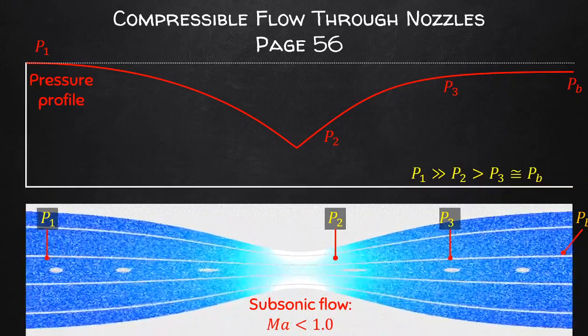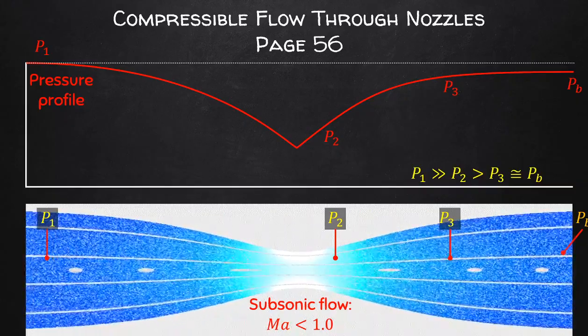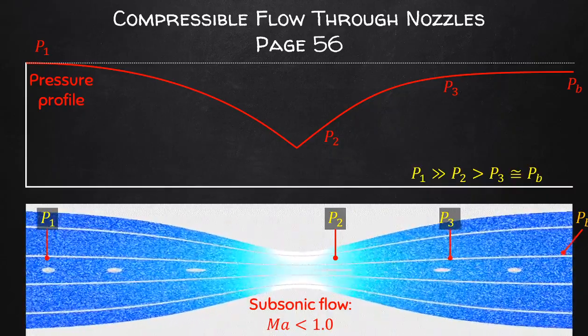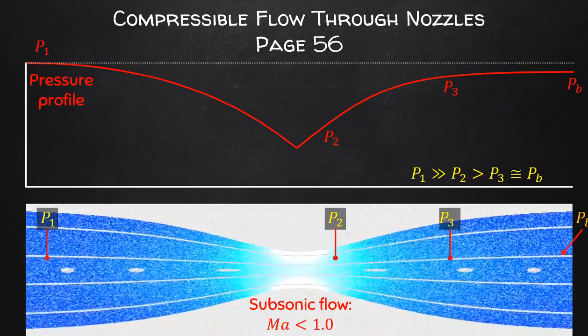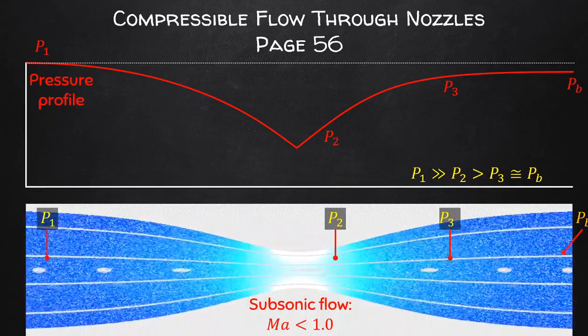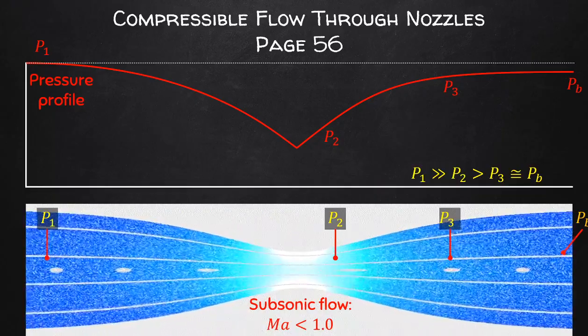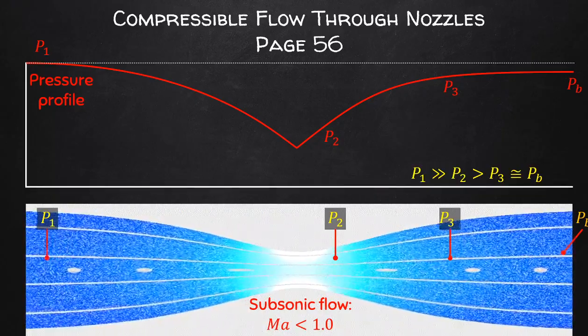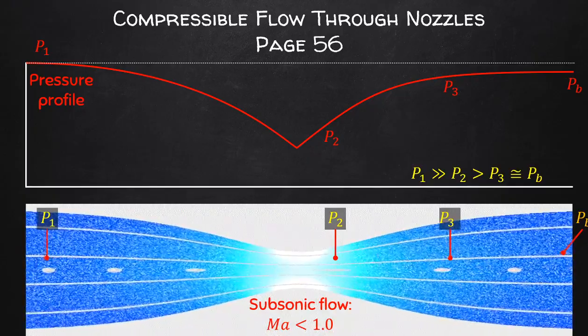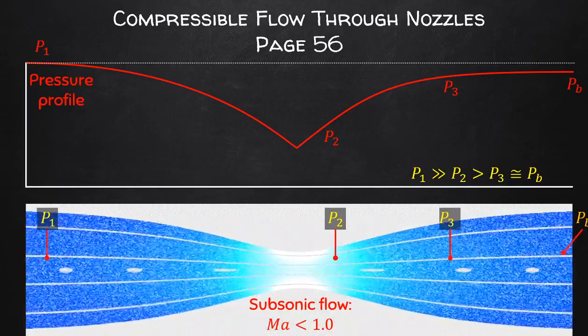As the back pressure, PB, is reduced, the pressure decrease causes a higher pressure gradient, but also the pressure difference between the upstream and the downstream pressure will cause higher velocities through the throat. And P3 will approach the back pressure.